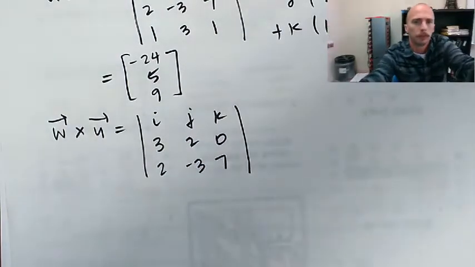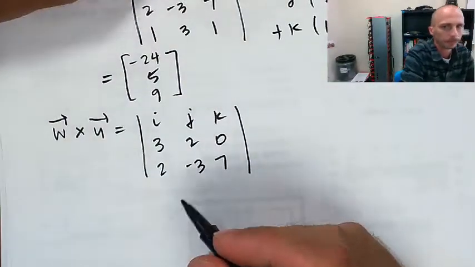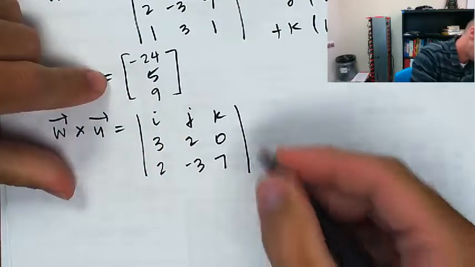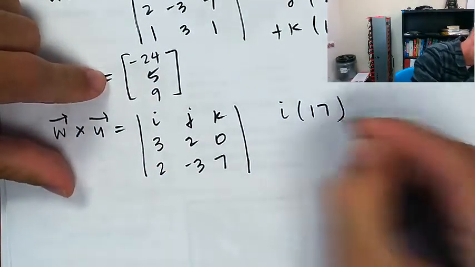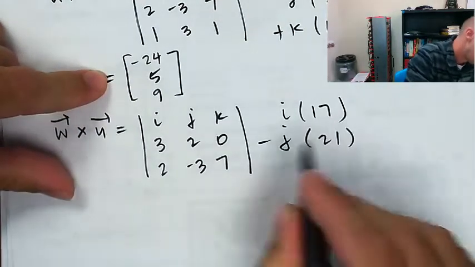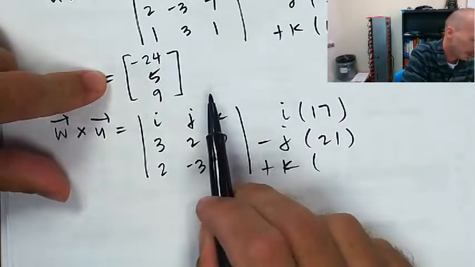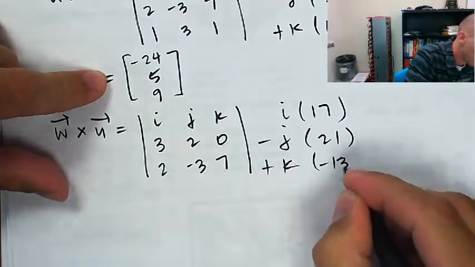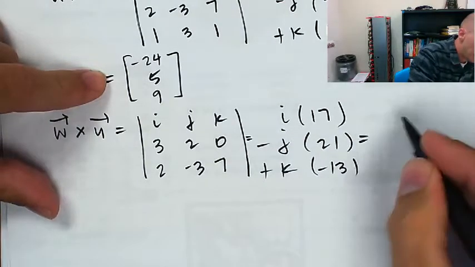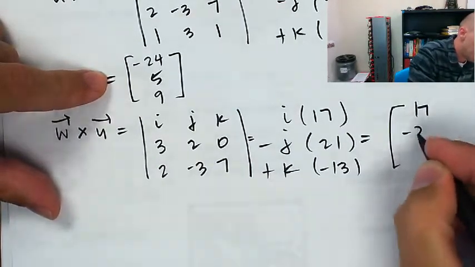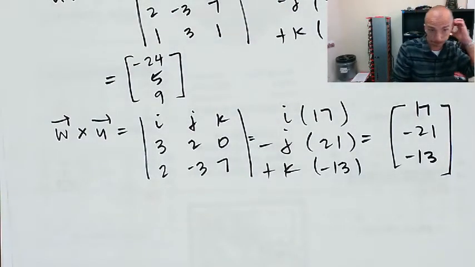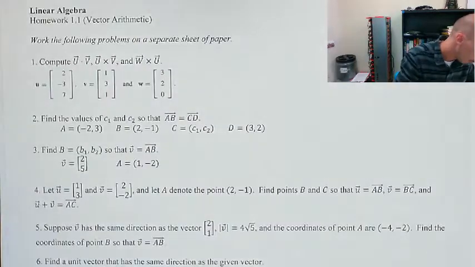Okay, I'm going to cover up i, and that'll be 14 minus negative 3, so that's 17, minus j times 21 minus 0, plus k times negative 9 minus 4, which is negative 13. So that equals the vector 17, negative 21, negative 13. That's all of them, right?